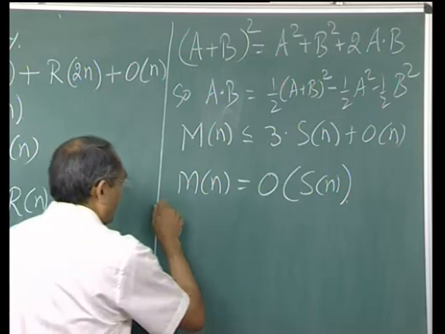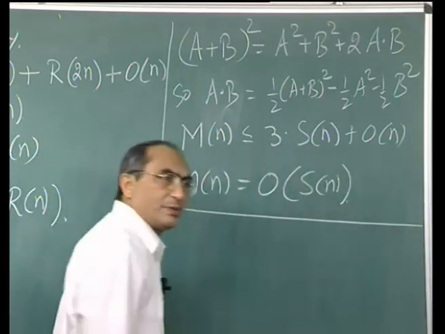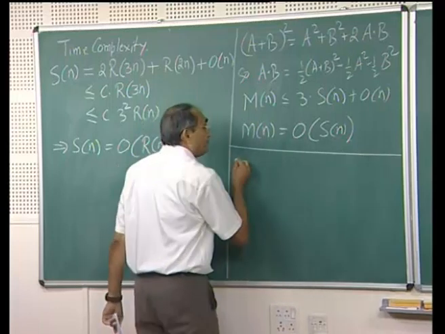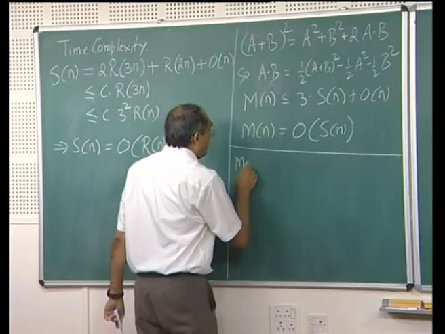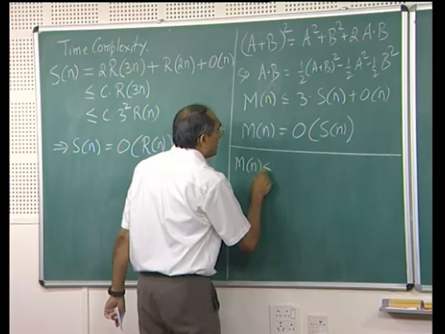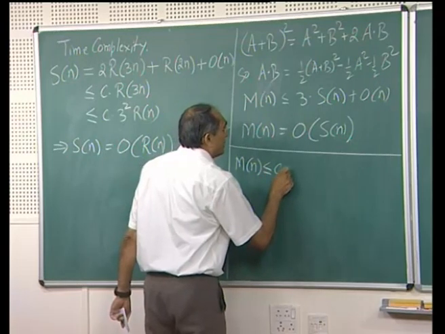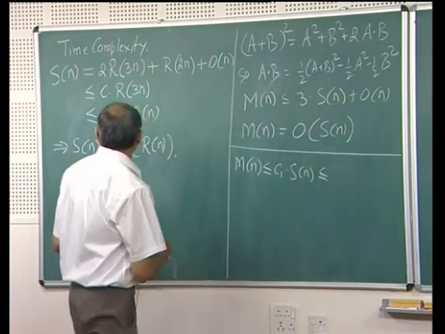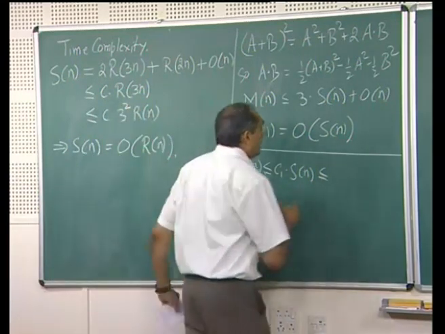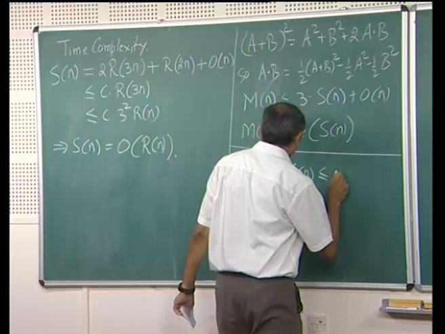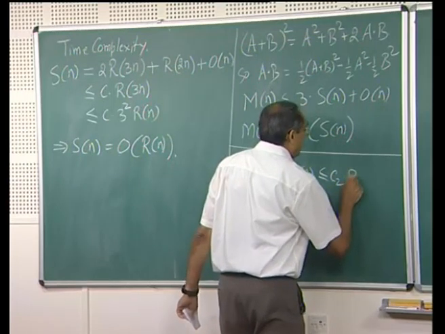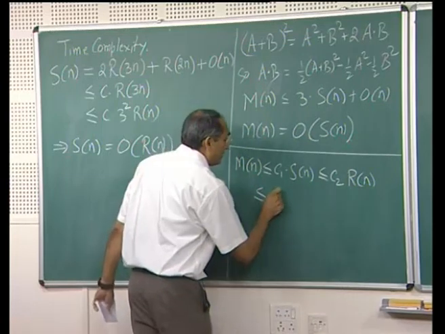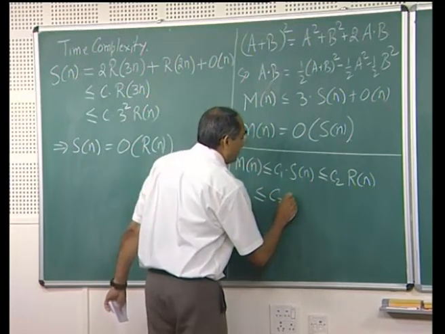So now putting everything together, what we have found is that Mn is less than equal to some constant times Sn. Sn itself is bounded by reciprocation, so C2 times Rn, and Rn is bounded by Mn.